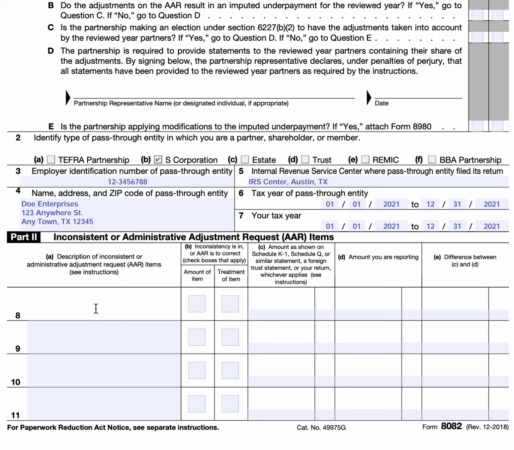So if you're a 10% partner and there was an item that needed a $100,000 adjustment, then you would have to make a $10,000 adjustment accordingly.